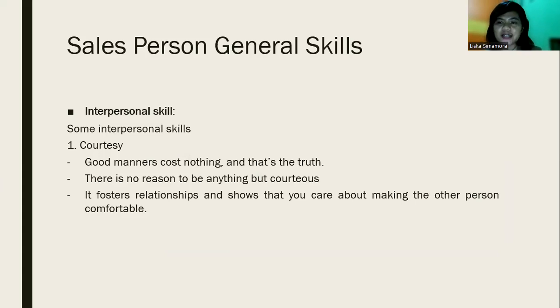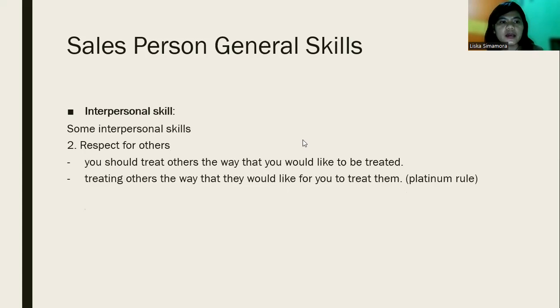So that's important. If you can make others feel comfortable nearby you, you have that kind of courtesy. And then respect for others. If we respect everyone, they will feel comfortable nearby us.